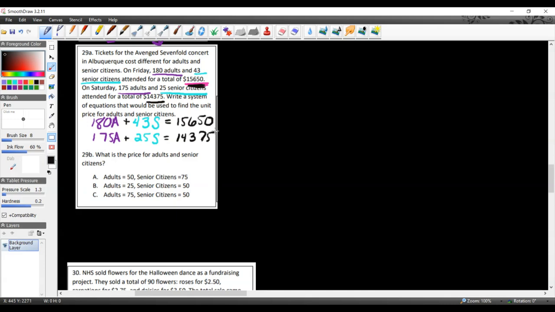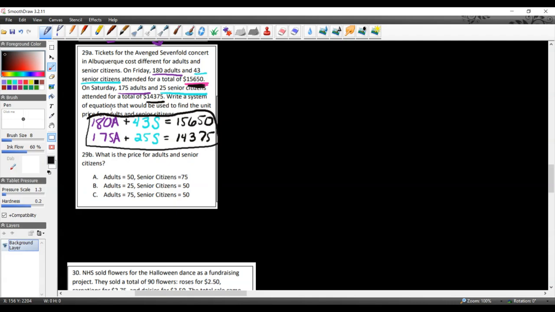And then it says, write a system of equations that would be used to find the unit price for adults and senior citizens. Well, we just did that, so this is the answer for the first part. That's the easy part.